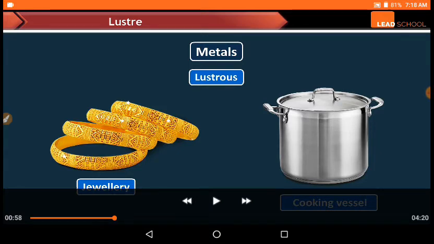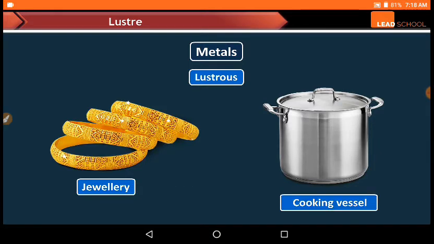So we classify metals and non-metals on the basis of physical properties and chemical properties. First we are talking about physical properties, and the first property is lustrous, which is possessed by metals because they are shining in nature. Every metal that has a shining quality is known as lustrous.